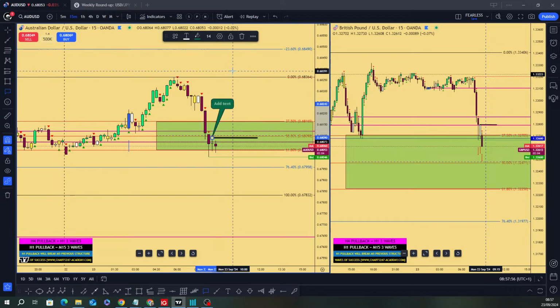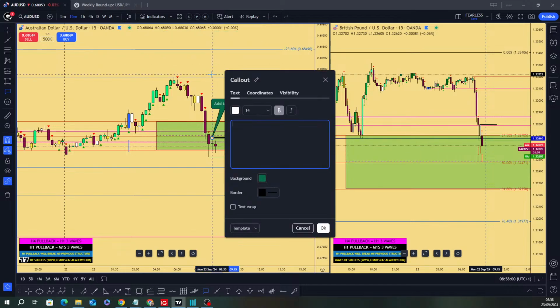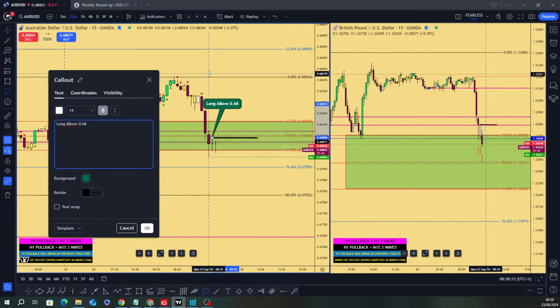I'm going to set some technical stop loss as well. 6809 for Australian dollar.